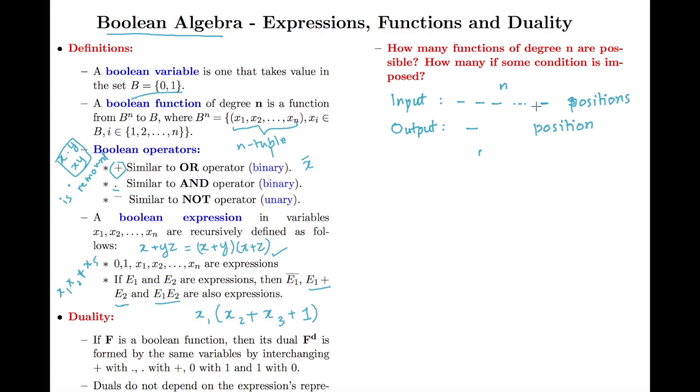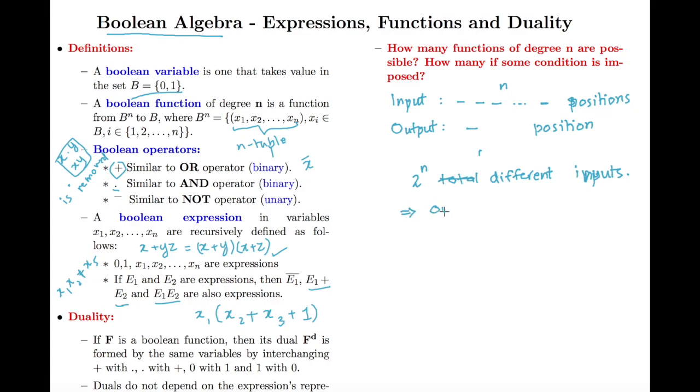Now if we have n positions, how many different inputs can I have? I can have 2 to the n different inputs, correct? So for each of these 2 to the n inputs, my output can be either 0 or 1.